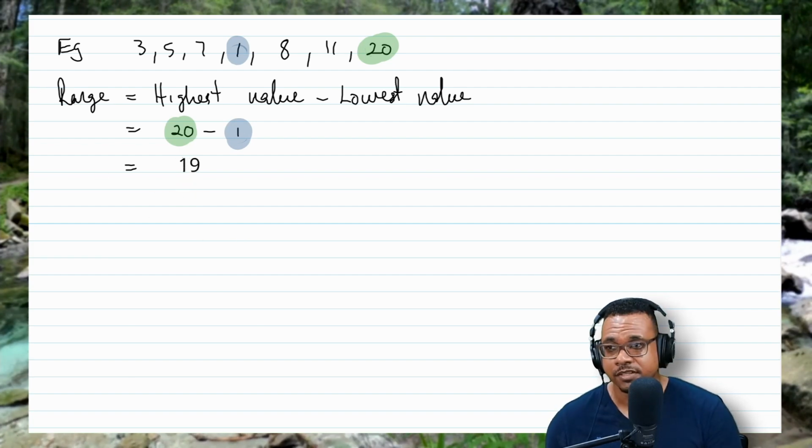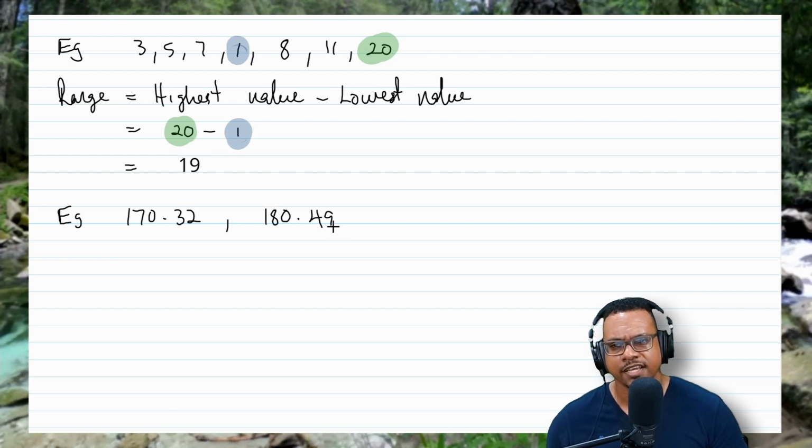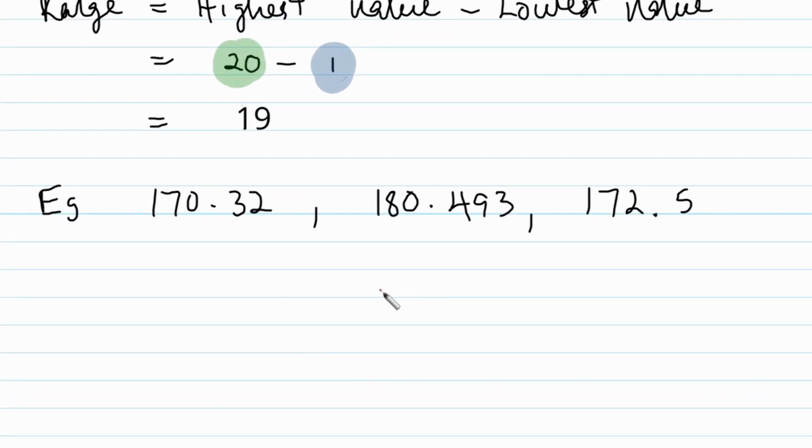Even if I were to have decimals, like for example 170.32, 180.493, 172.5, my range will simply be the highest take away the lowest. So the highest is 180.493, and the lowest is 170.32.